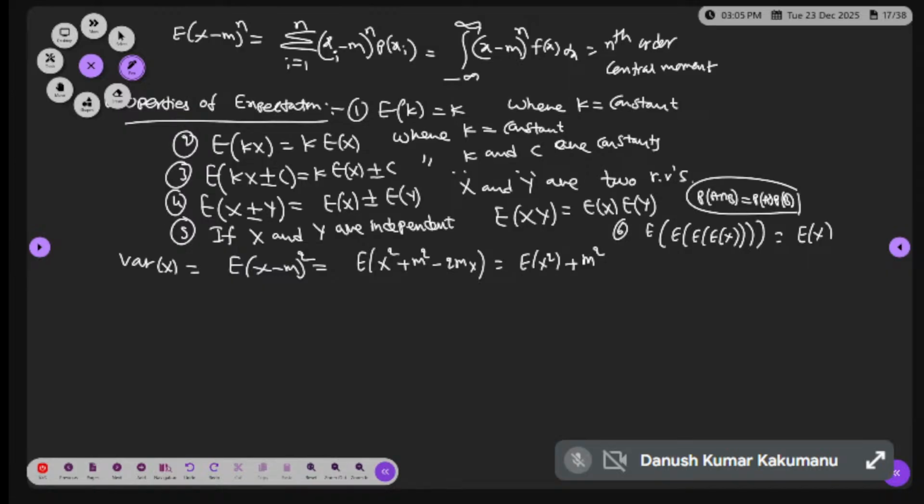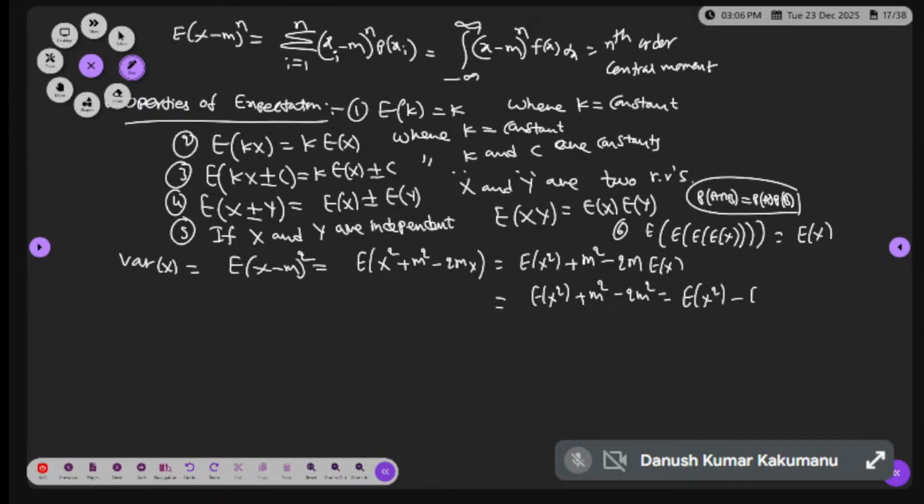Coming to next: minus 2m into E of x, where 2m is a constant. What is E of x again? m. So it is 2m into m, which is 2m square. So E of x square plus m square minus 2m square, which gives E of x square minus m square.